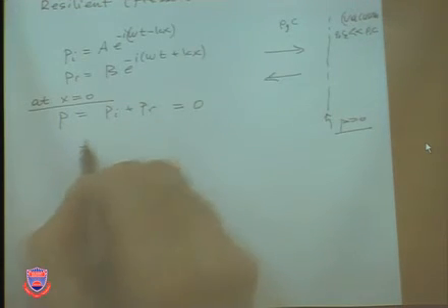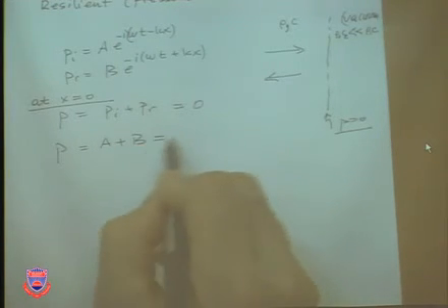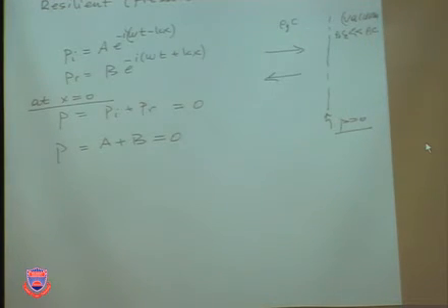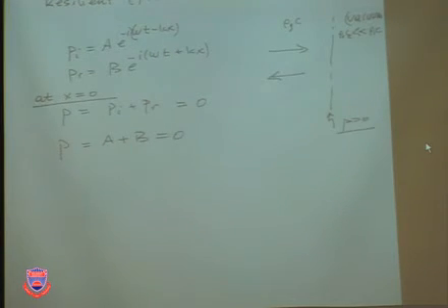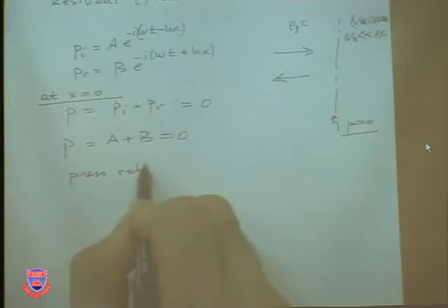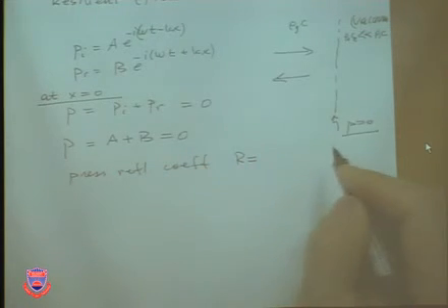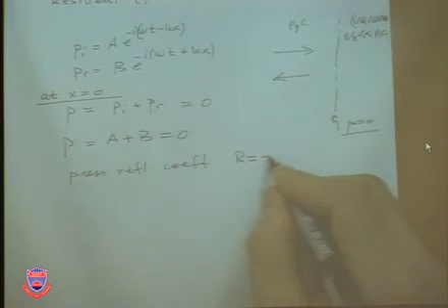And if we do that, what can you write about it at the surface? A plus B is equal to 0, basically. And what is the pressure reflection coefficient? Exactly, -1.